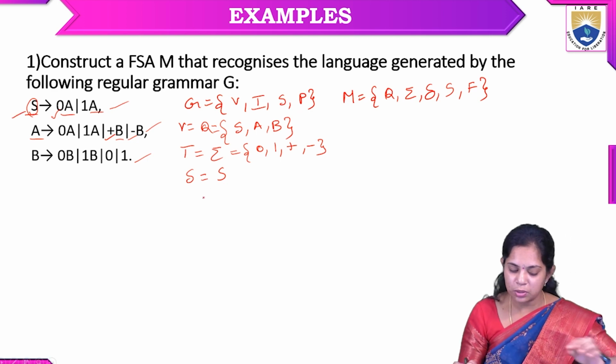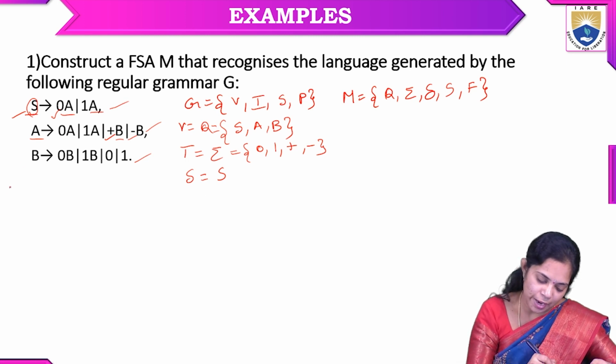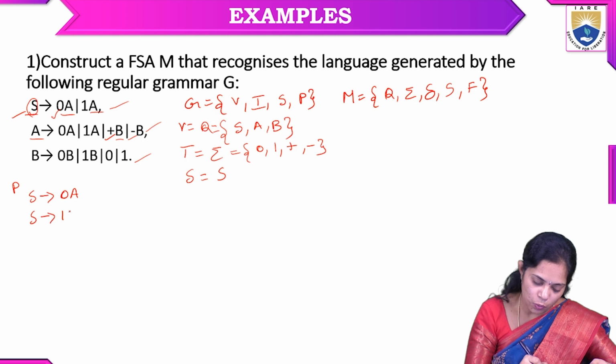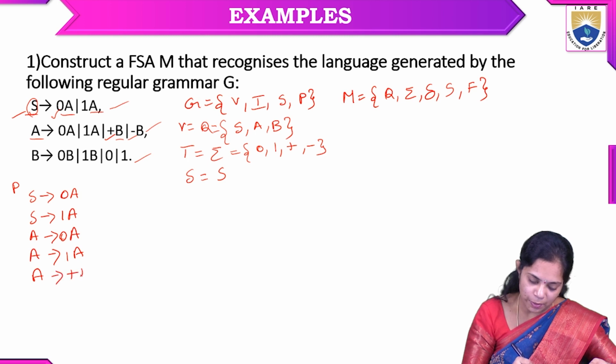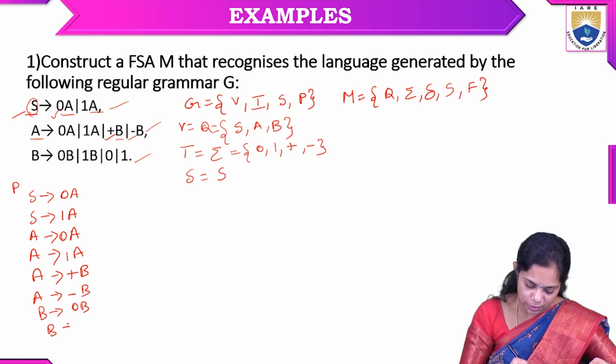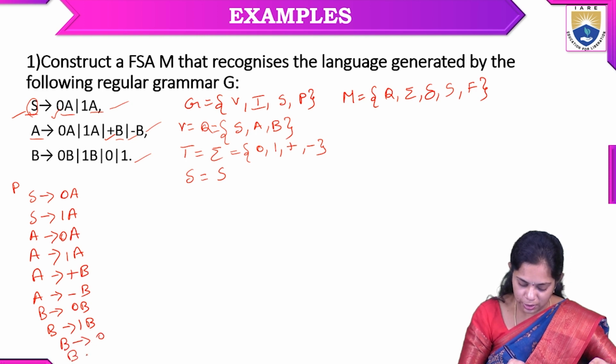And P, the production rules. How do we write these production rules? We elaborate the productions: S tends to 0A and S tends to 1A, A tends to 0A and A tends to 1A, A tends to plus B and A tends to minus B. And one more set of productions: B tends to 0B and B tends to 1B, B tends to 0 and B tends to 1.